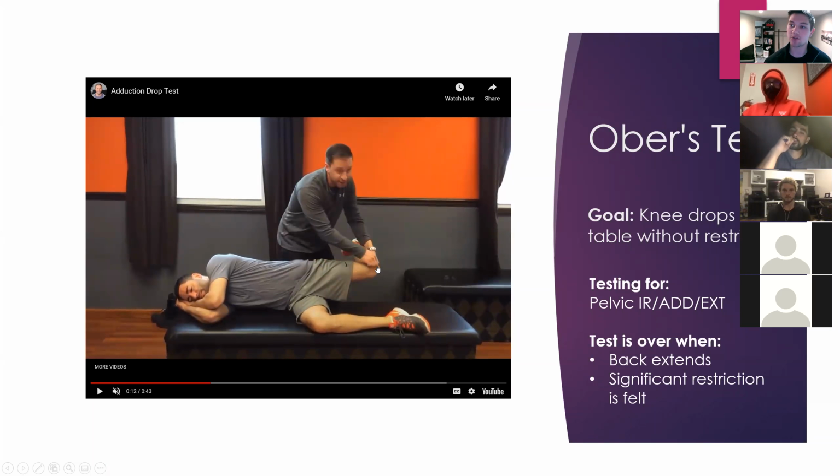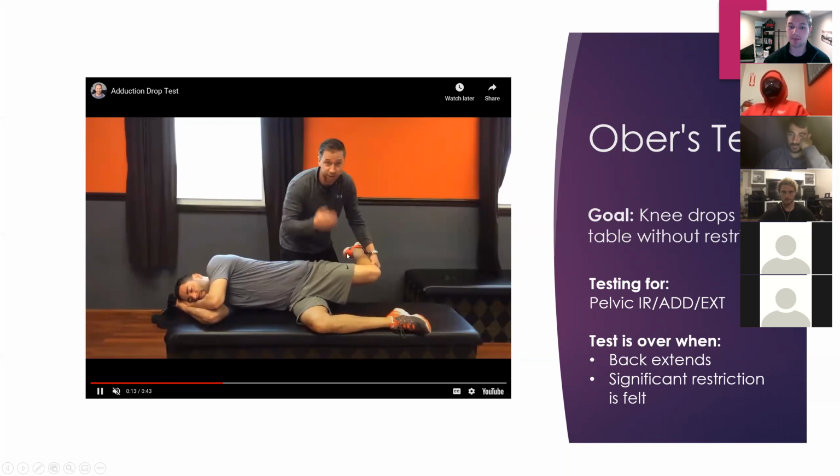And then you should have a straight line from the knee all the way to the hip, all the way to the shoulder. If they extend their back because they can't get hip extension, then the test is over, because you're now just going to try to get adduction and internal rotation without extension, and good luck. So there should be a perfectly straight line from the knee all the way to the shoulder and head.